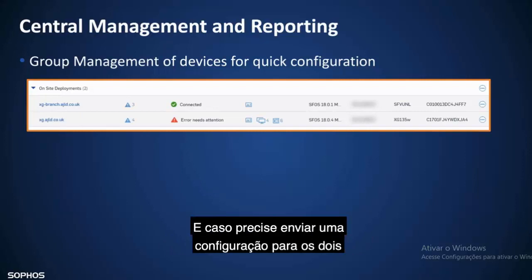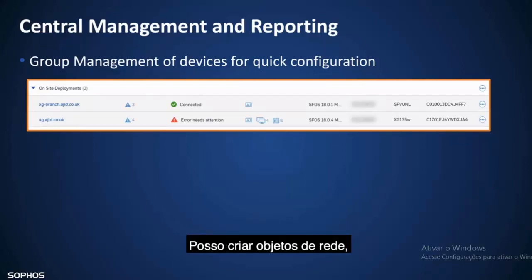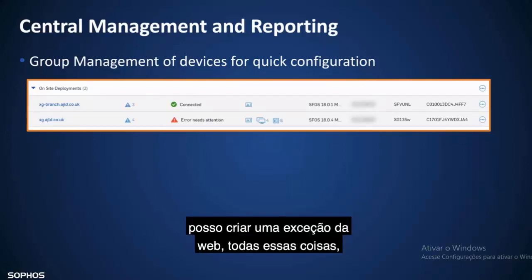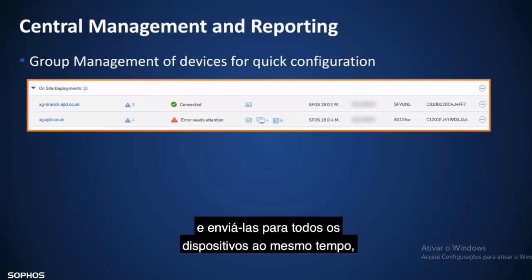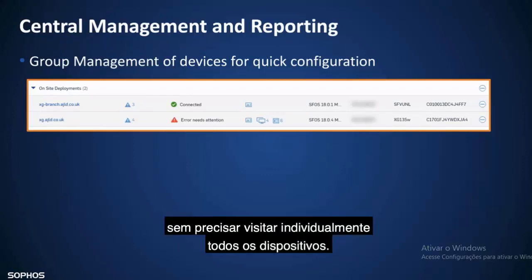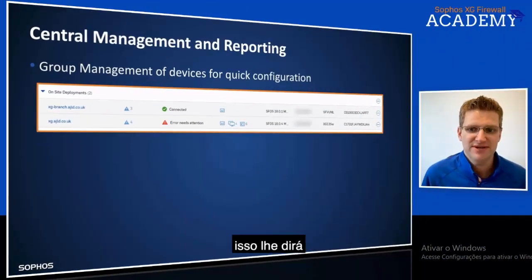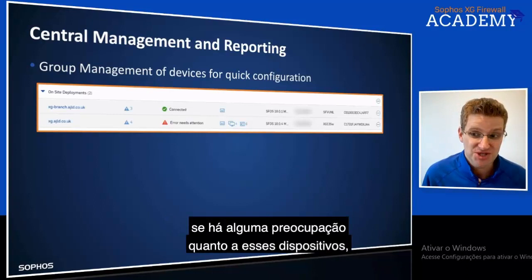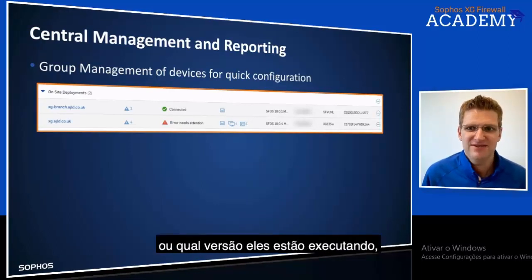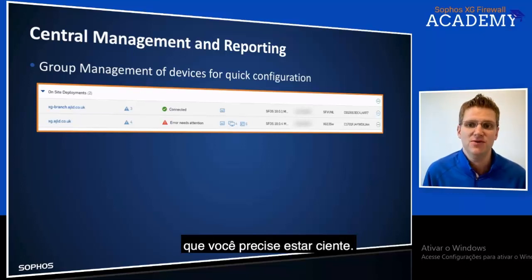If I need to send a configuration to both of those at the same time, I can do that very easily. I can create network objects, I can create web exceptions, all of those kind of things, and send them down to all of those devices at the same time without having to individually visit each of them. What's great, as you'll see in the screenshot, is we'll give you insight into whether there are any concerns surrounding those devices, what version they're running, and if there are any problems or alerts you need to be aware of.